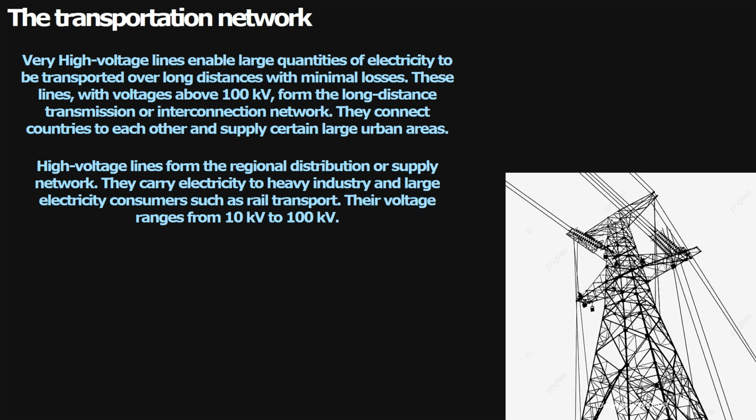For the transportation network, we have a lot of lines. The first is the very high voltage line, above 100 kilovolts, which moves electricity over long distances. The high voltage line, from 10 to 100 kilovolts, supplies large industry and urban areas.